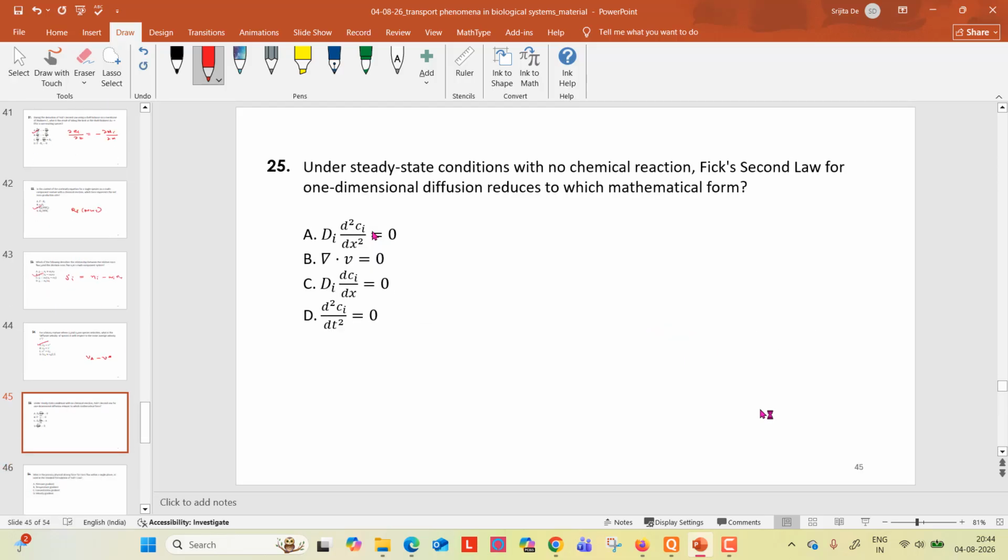Under steady state conditions with no chemical reactions, Fick's second law for one-dimensional diffusion reduces to which mathematical term? So we have defined it. It is d2Ci dx2 equals 0. Option A.